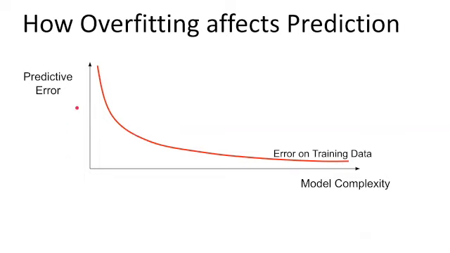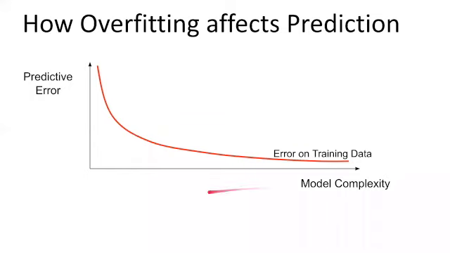Here I show the predictive performance of your model as a function of the complexity of your model. Right now, I haven't defined exactly how to define the complexity of the models. But roughly speaking, for simplicity, you can associate it with how many free parameters you have in that particular model.